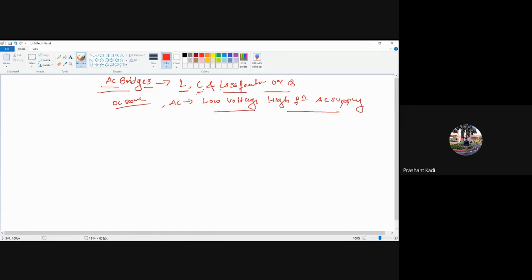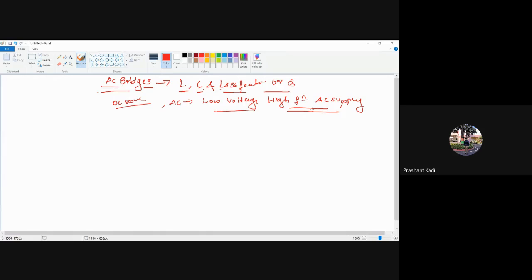Here also, you come to know the balance of the bridge and unbalance of the bridge. Working is similar to the DC bridges, except the sources and detectors are different in case of AC bridges.